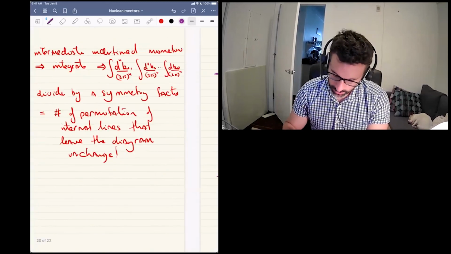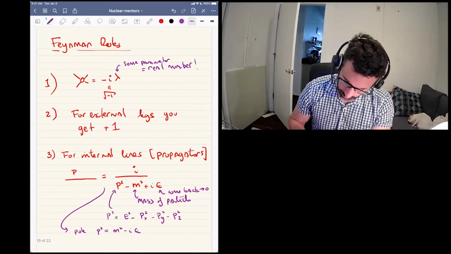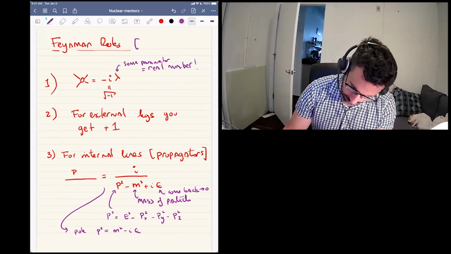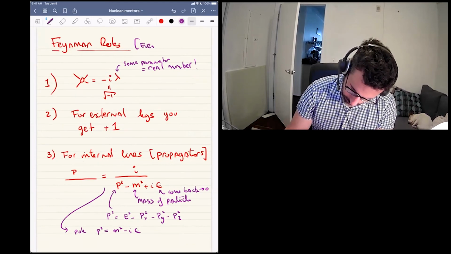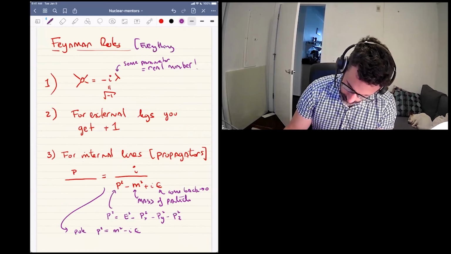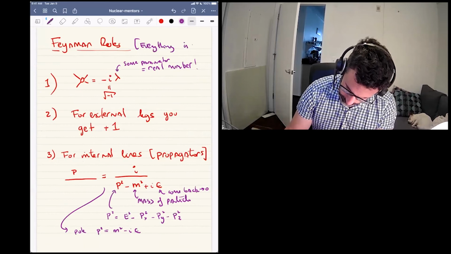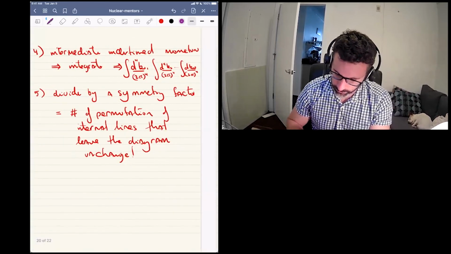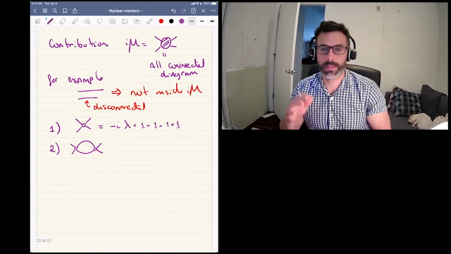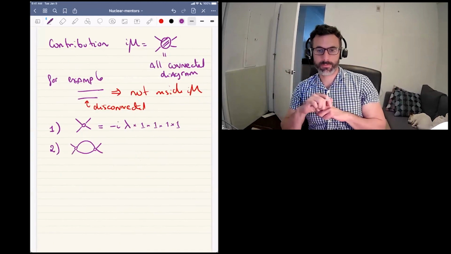So in the Feynman rules, everything is multiplied. For each contribution, everything is multiplied, and then you add up the contributions together.